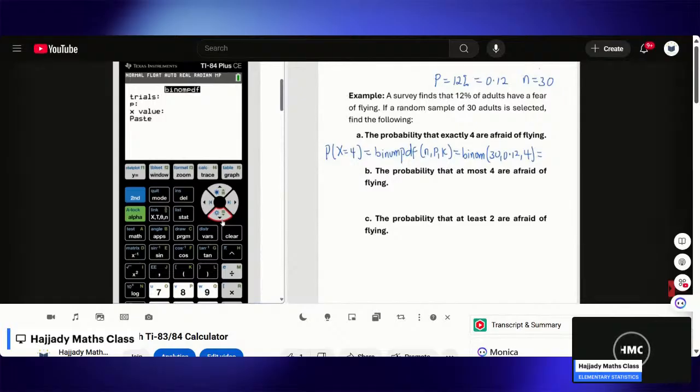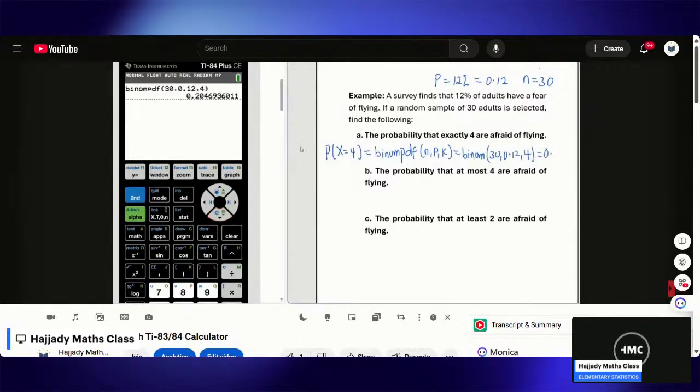Here we have the trials, which is the sample size n, with the value of 30. Also the p, the probability of success, which is 0.12, and the x value, which in this case is 4. Paste, and you can click on enter. So the probability is approximately 0.2047.